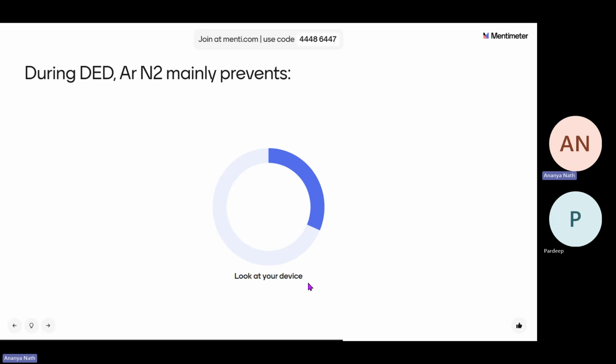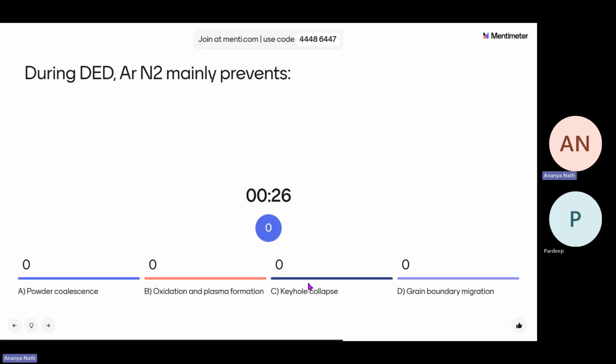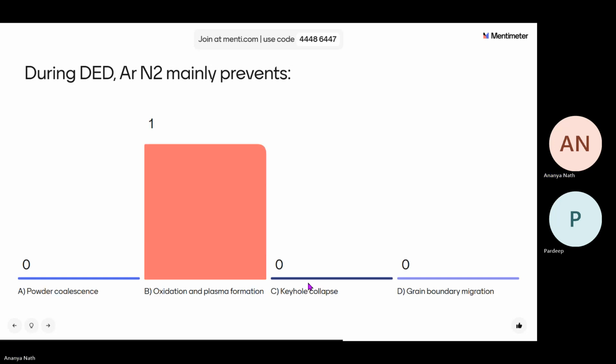During DED, argon and nitrogen mainly prevent two different gases. Okay, so it's mainly oxidation, to prevent any environmental contamination of the bead, of the deposition.